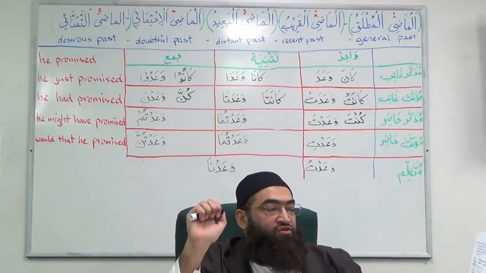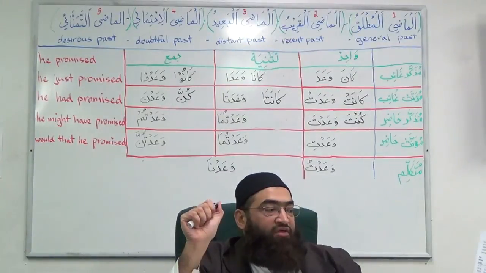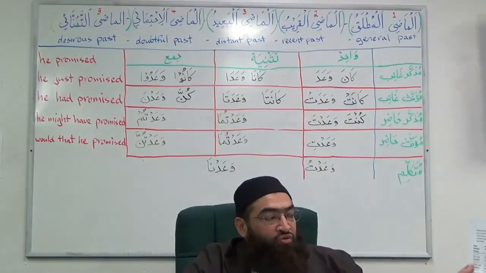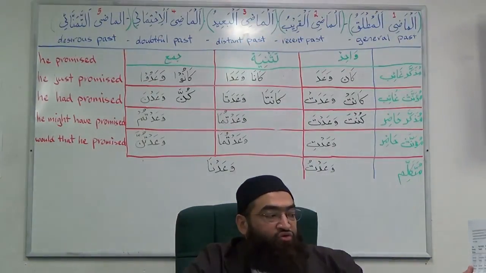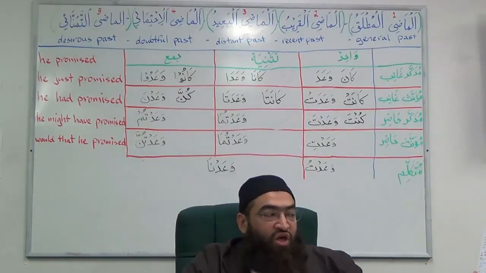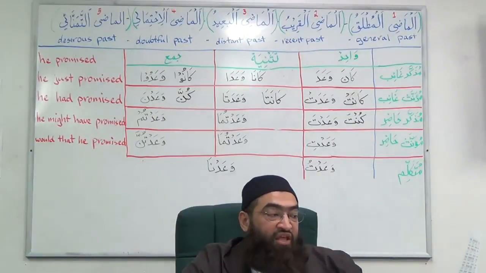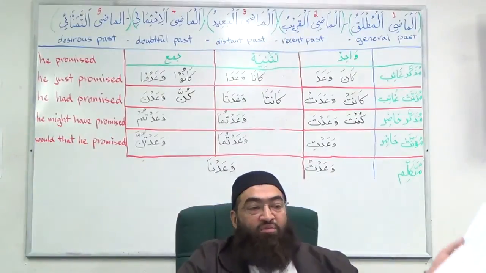Okay. So then you got the passive, the majhul. Kana nusira, kanu nusiru, kanat nusirat, kanata nusirata, kunna nusirna. So you got the majhul also. So he had been helped, they two men had been helped, and all those men had been helped.